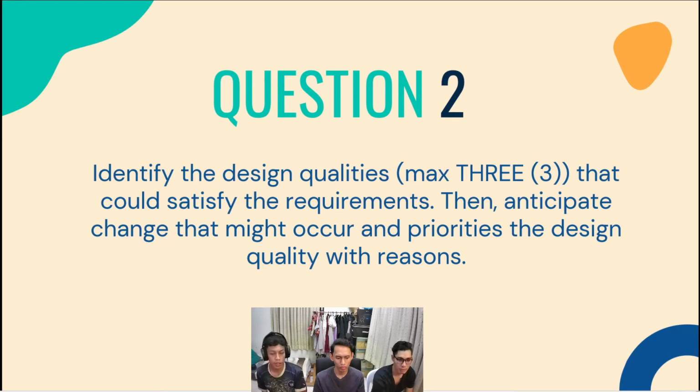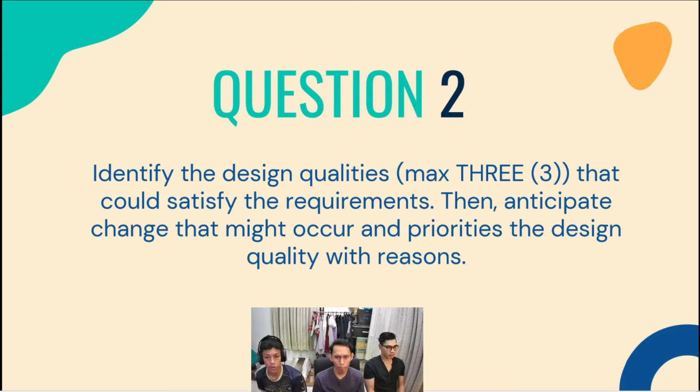For my turn, I will present question 2, which is to identify the design qualities, max 3, that could satisfy the requirements, then anticipate changes that might occur and prioritize the design qualities with reasons.